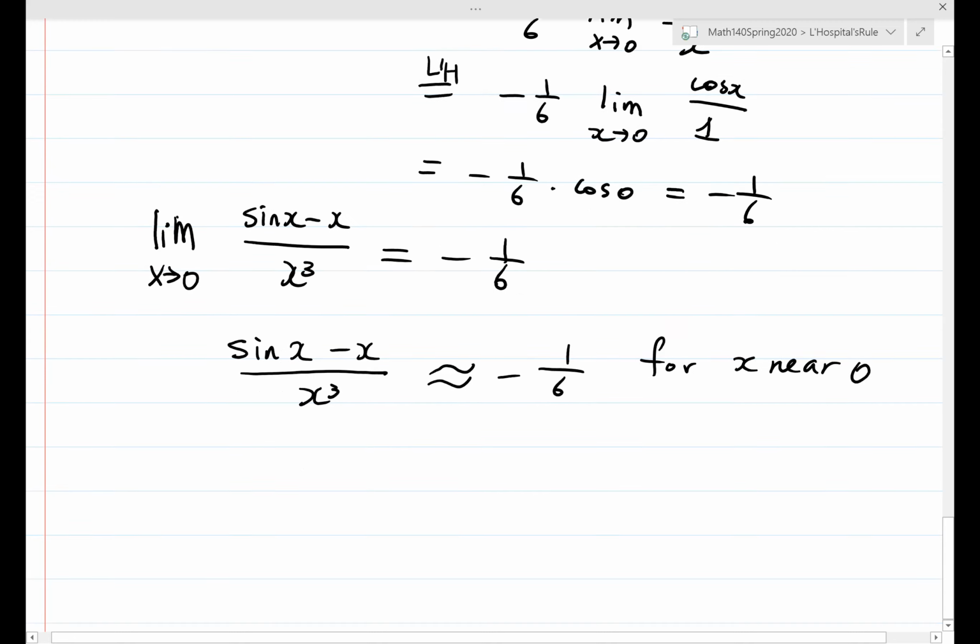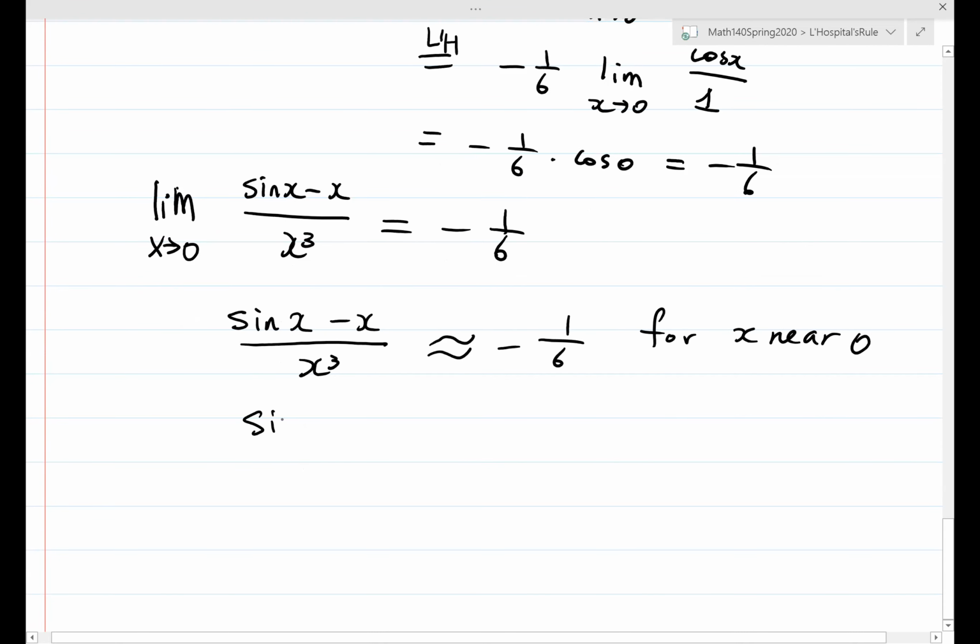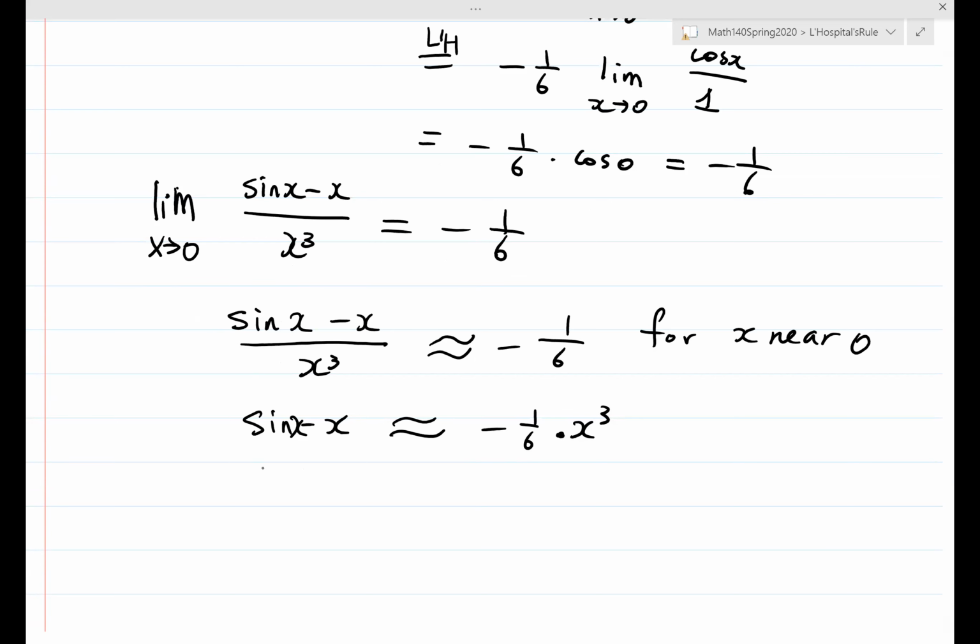Multiply both sides by x cubed. Then move the term x to the right side of this equation. Then you get this.